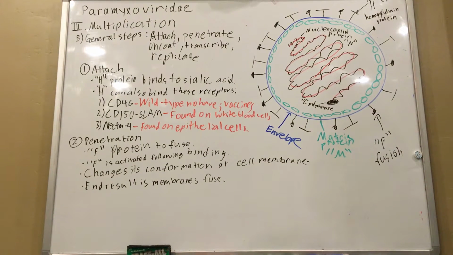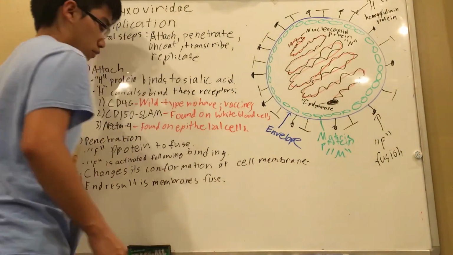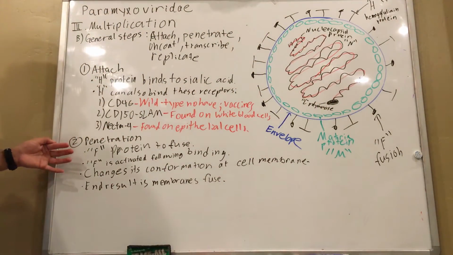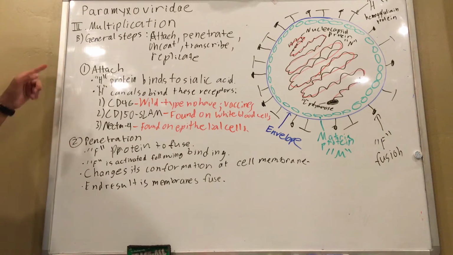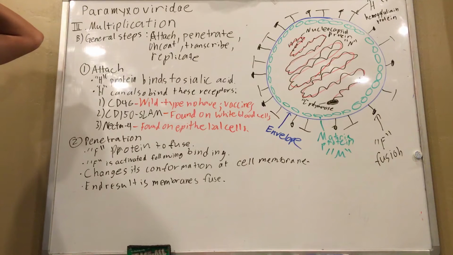So you look on page 179 of the textbook. There's a neat little picture of your F protein. You can look in the textbook for that. I'm not going to go into that. Basically, it makes sense that F gets activated after it attaches.